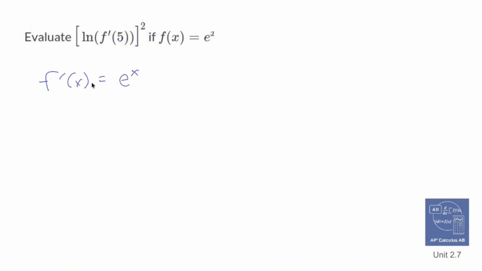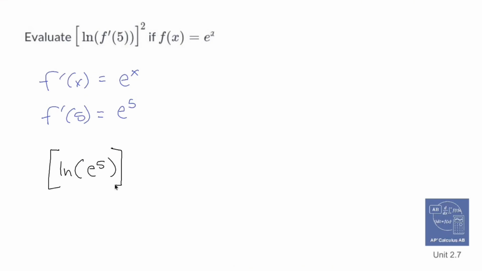Nothing changes there. If I were to take 5 and plug that in, that would be f prime of 5 equals e to the 5th. Now, don't run to the calculator and try to find out what that is, because now that I have f prime of 5 is e to the 5th, I can do a little bit of work up here. So I have ln of f prime of 5. I'm going to replace that with e to the 5th.